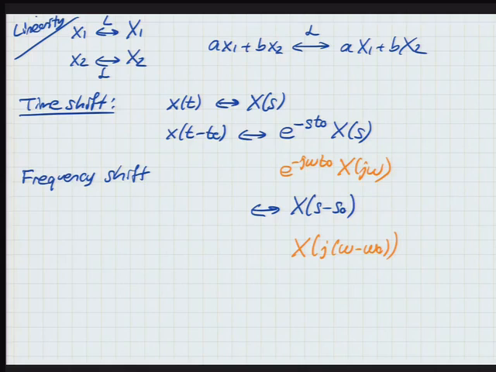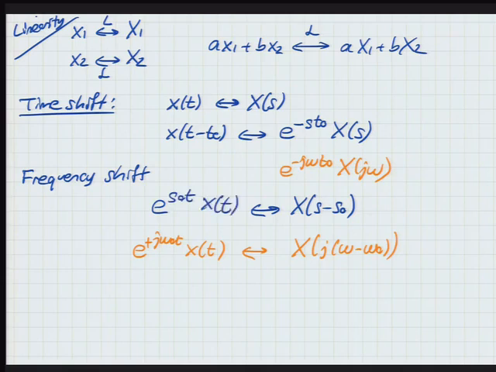Multiply with e to the j omega naught t, times x of t. Yes, positive. Good, thanks. So, take a guess now for the Laplace transform. Positive s0 t, x of t.